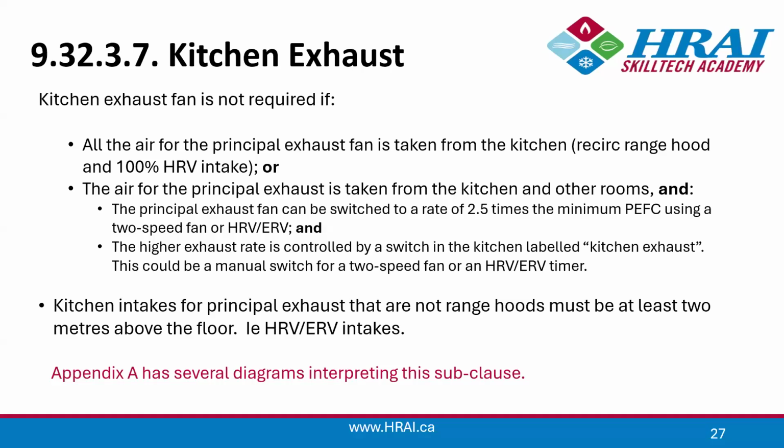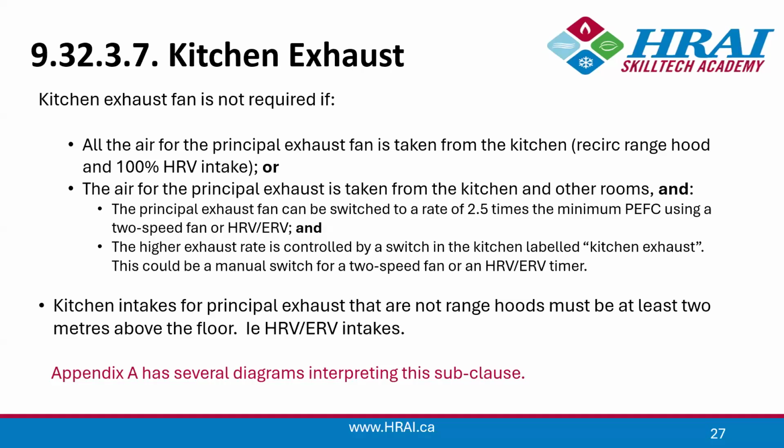So you've got a recirculating range hood, in other words, a non-ducted range hood, and 100% HRV intake, or the air for the principal exhaust is taken from the kitchen and other rooms, and the principal exhaust fan can be switched to a rate of 2.5 times the minimum principal exhaust fan capacity using a 2-speed fan or HRV/ERV, and the higher exhaust rate is controlled by a switch in the kitchen labeled kitchen exhaust. This could be a manual switch for a 2-speed fan or an HRV/ERV timer.